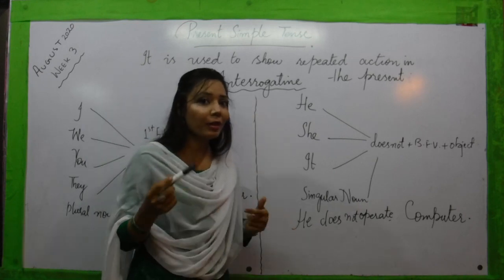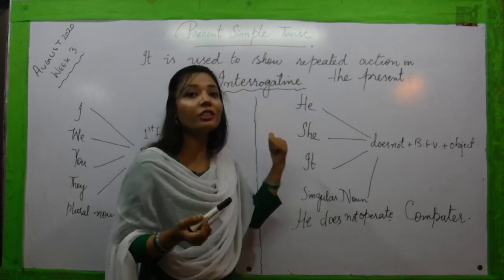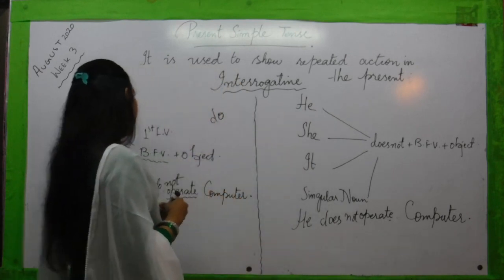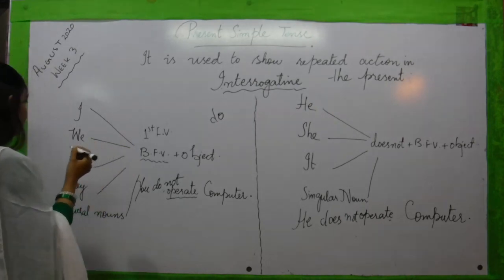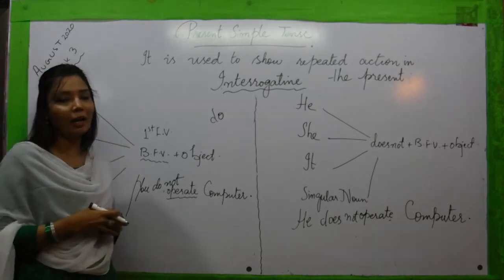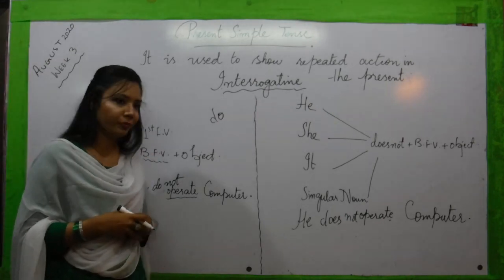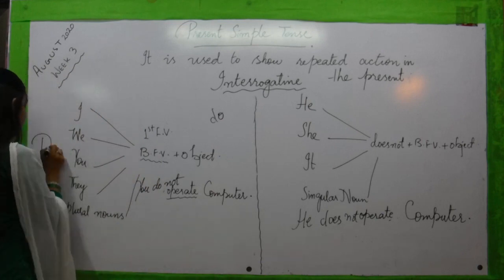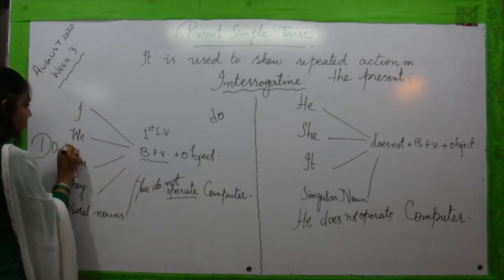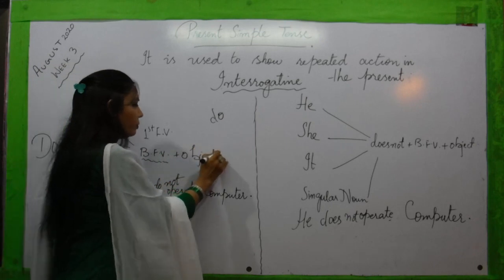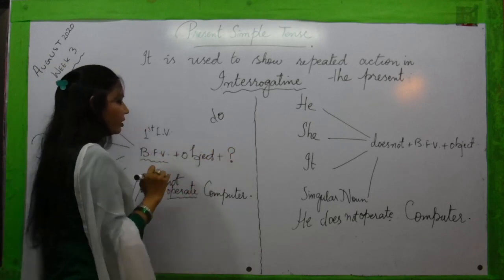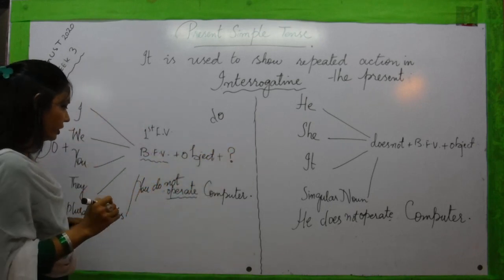What's that? Come on, repeat aloud. Yes, it's interrogative. Okay, so what we do here again, we take the help from the helping verb do. So, do plus subject plus base form of verb and then the question mark. This is going to be the structure of the sentence.